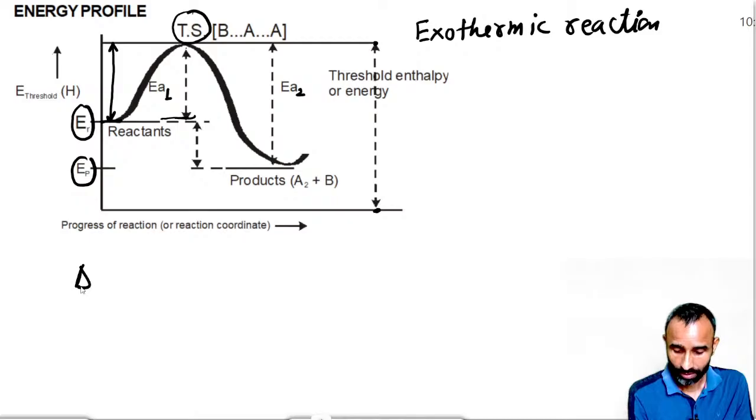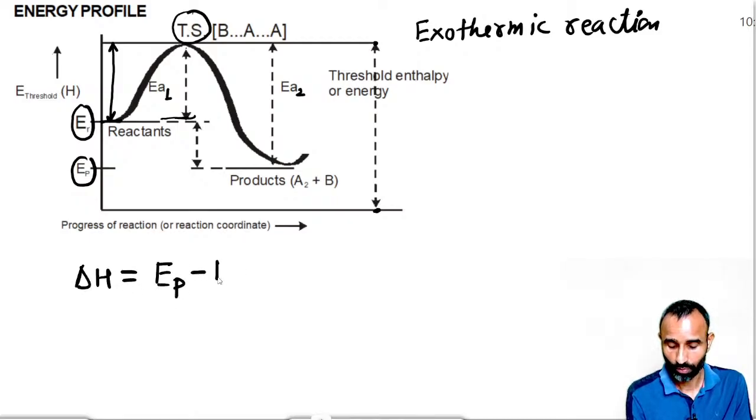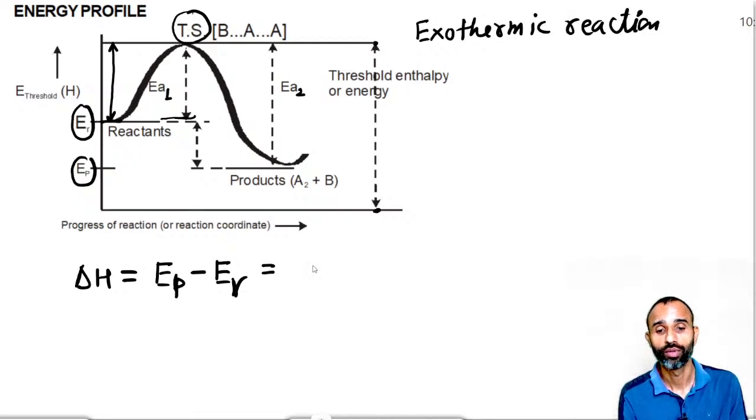And the enthalpy of the reaction is the enthalpy of the product minus the enthalpy of the reactant, or is also equal to the activation energy of the forward reaction minus the activation energy of the backward reaction.